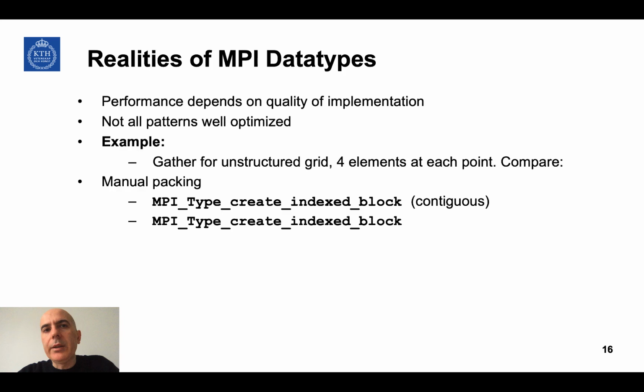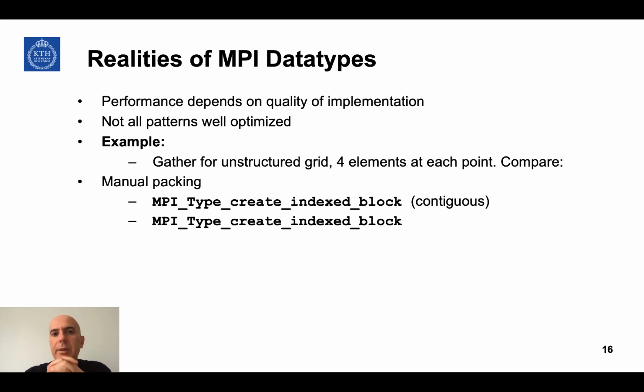So what are the realities about MPI data types? There are different implementations of MPI, and they might have different performance using data types. Not all the patterns are well optimized. For instance, in some cases manual packing is actually faster than MPI data types.